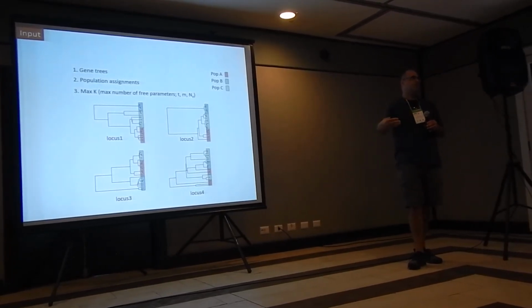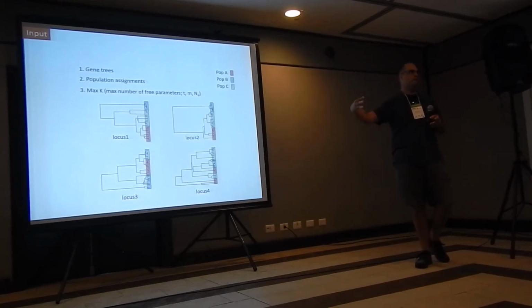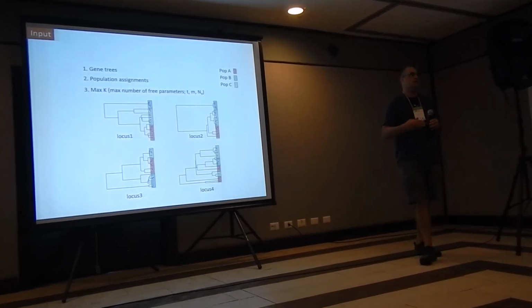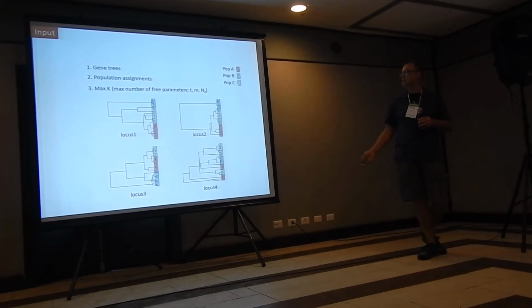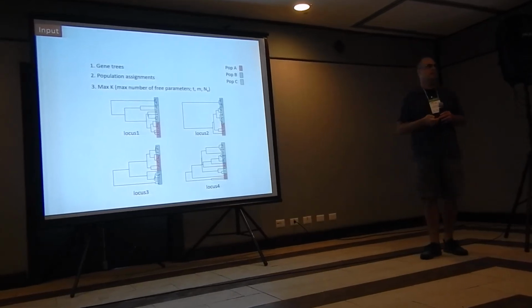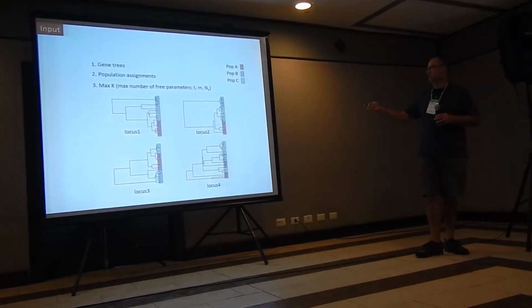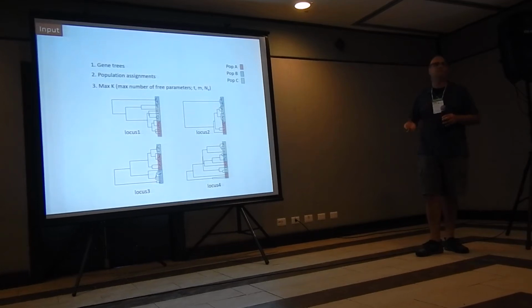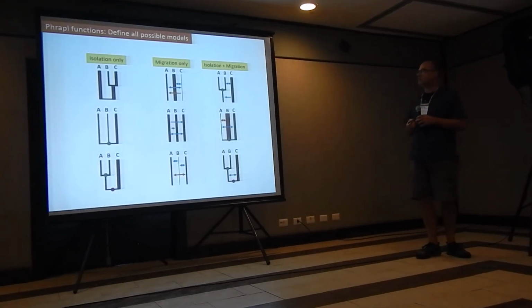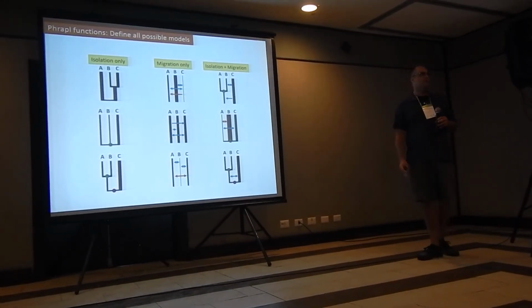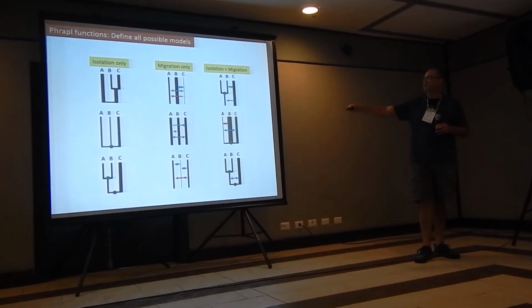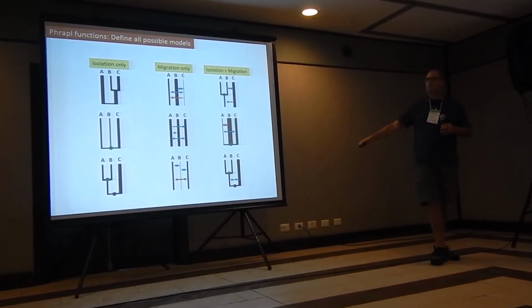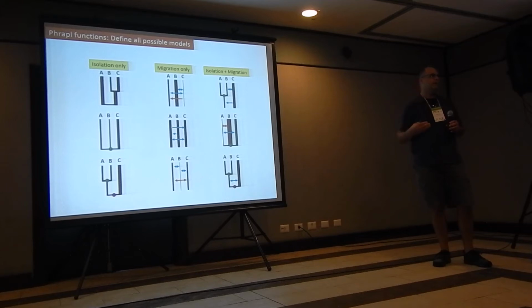So the more parameters you have, the more dimensionality the demographic model space has, and maybe the harder it is to choose among models. And the user can set all of these inputs into the software.